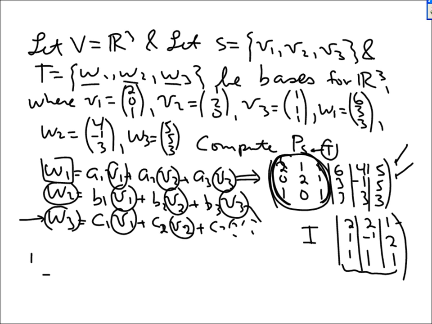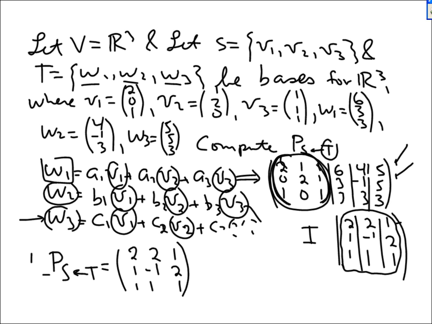This matrix here, that's the one. That's the matrix you want. The transition matrix from T to S is that matrix. 2, 1, 1, 2, negative 1, 1, 1, 2, 1. That is the transition matrix.